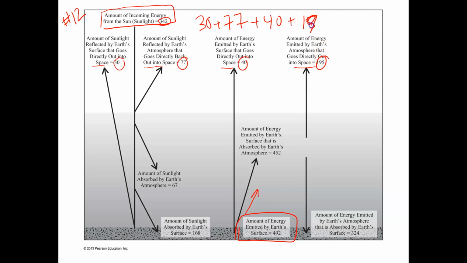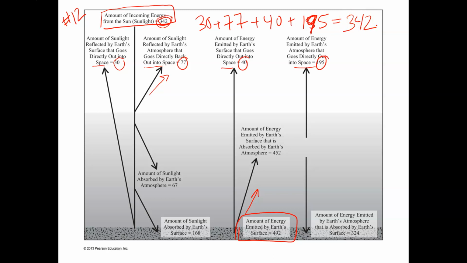I didn't even have to pay too much attention to what kind of energy it was. We'll get to that later. Right now, I'm just worried about what comes in, 342, and what goes back out. We add this up. Guess what?